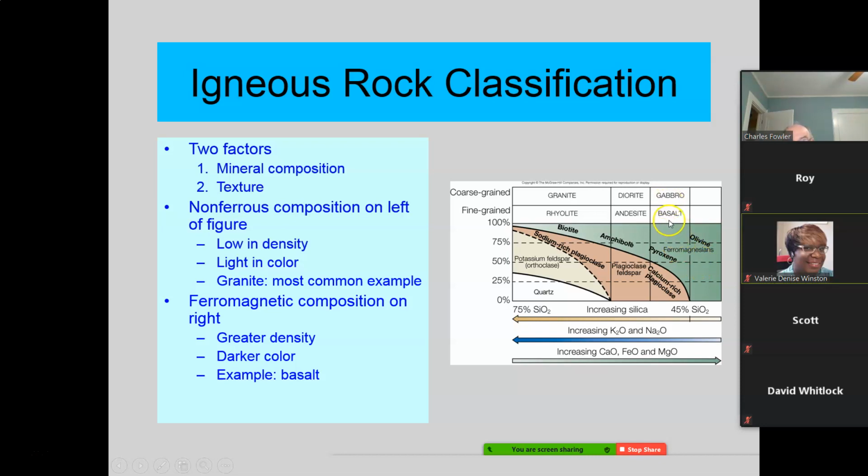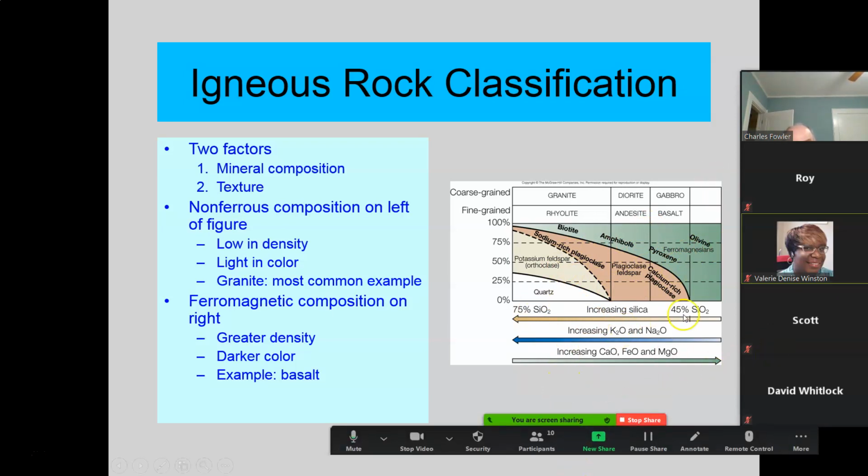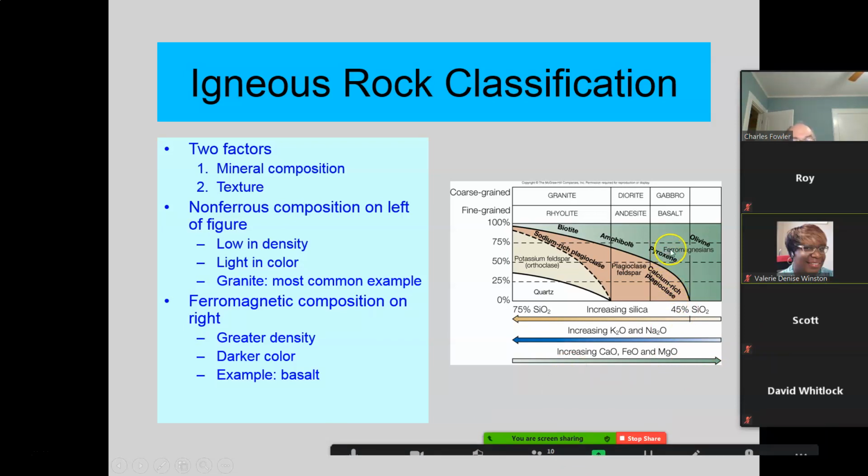Then you get to your basalts, which they mention here. Basalt is a fine-grained, dark ferromagnesium compound. It has some calcium-rich plagioclase in it, but remember the calcium is over on this end too. Calcium-rich plagioclase, but it's mostly darker.